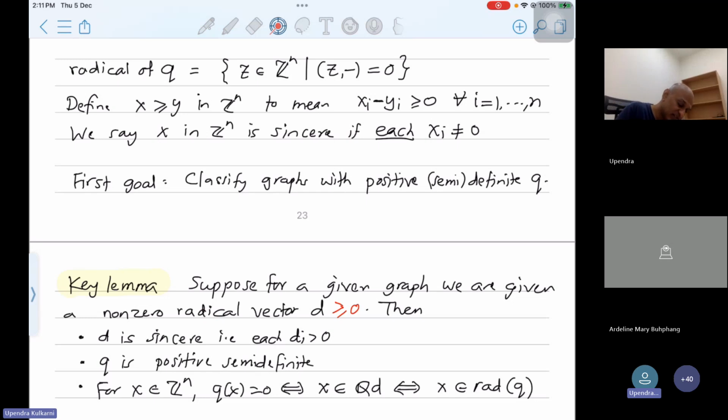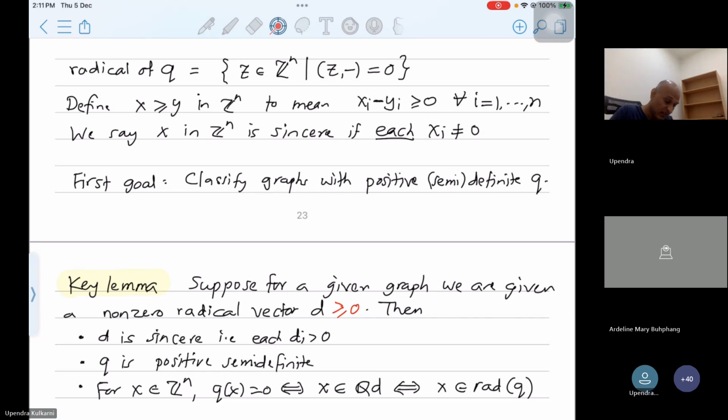And this is the hypothesis that I missed writing in the statement, but then we came up against it in the proof, that I do want this vector to be greater than or equal to 0. So remember, greater than or equal to 0 simply means that every slot must be greater than or equal to 0. And because the vector is non-zero, this means that at least in one slot the entry is strictly greater than 0.